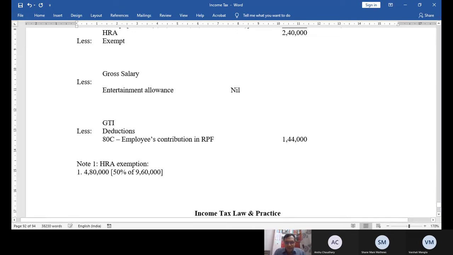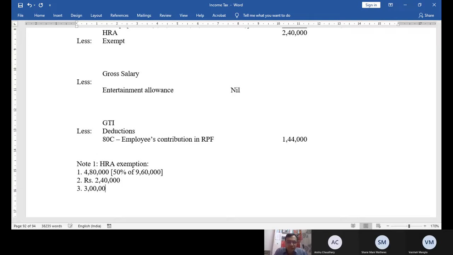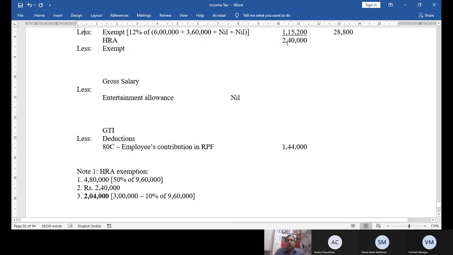Second point is HRA received, 2,40,000. My third point is rent paid, 25,000 per month, which makes 3 lakh, minus 10% of salary. That gives me 2,04,000. So which is least? 2,04,000 is least. So out of 2,40,000 HRA received, 2,04,000 is exempt from tax.